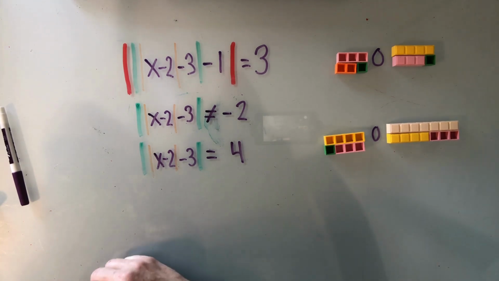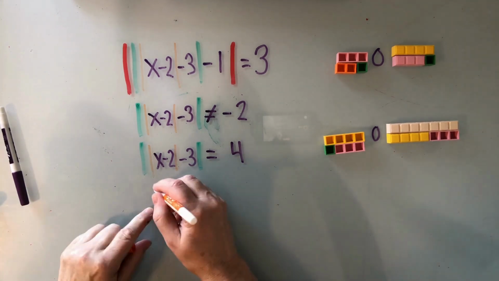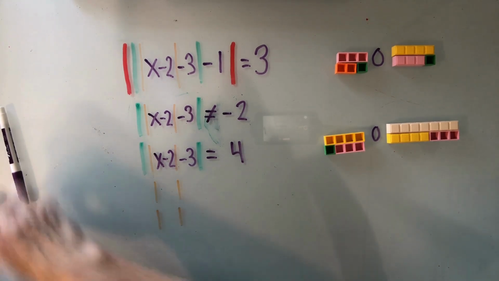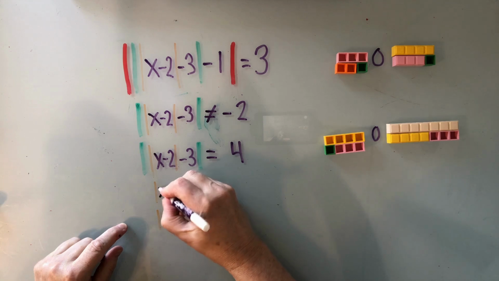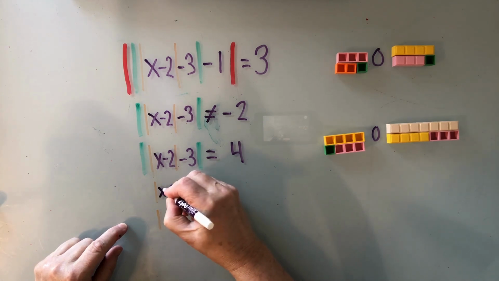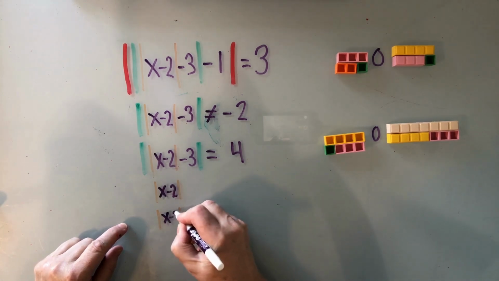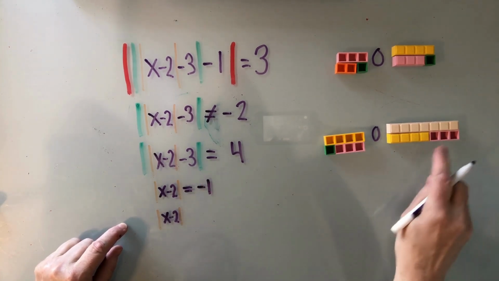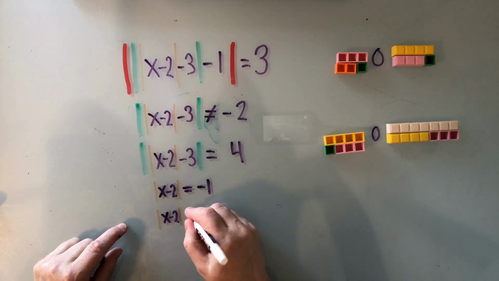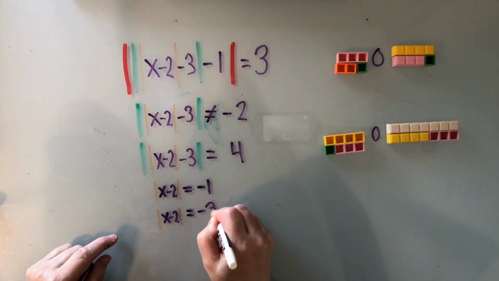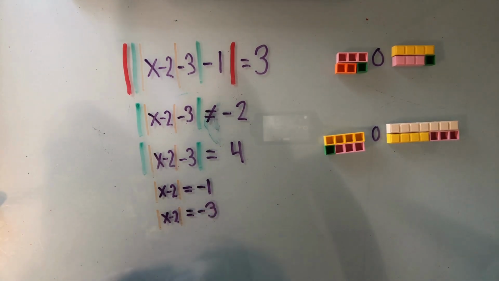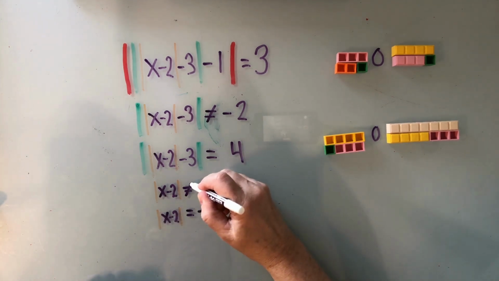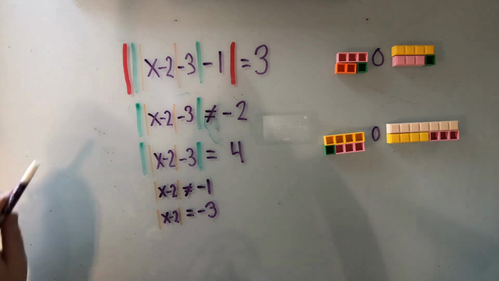So what that's saying is that everything in the orange here, all this x minus 2, is either equal to -1 or it's equal to -3. Okay? Now, again, we don't count our steps from 0 in the negative, so we just ignore that one, okay?